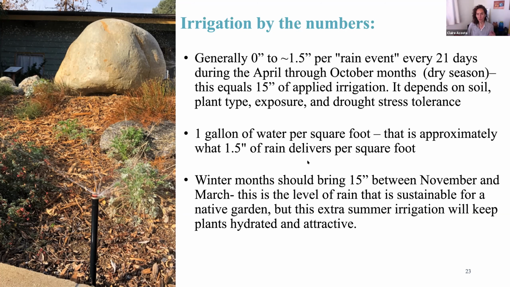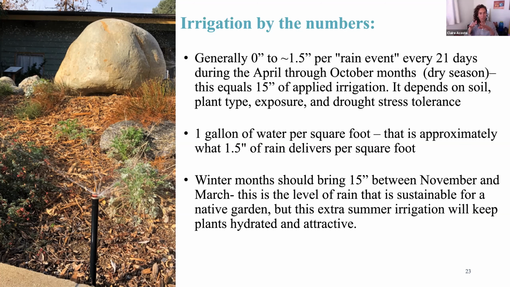1 gallon of water per square foot is approximately what 1.5 inches of rain delivers per square foot. So when we get 1.5 inches of rain on one square foot, that's basically the equivalent of a gallon of water on that same square foot. If you're hand watering, you're not just watering that one little square foot of the plant.